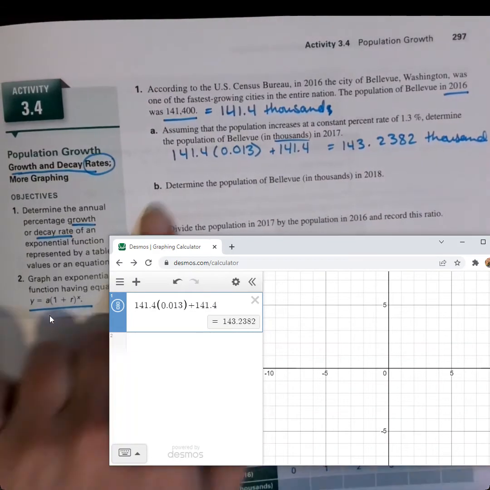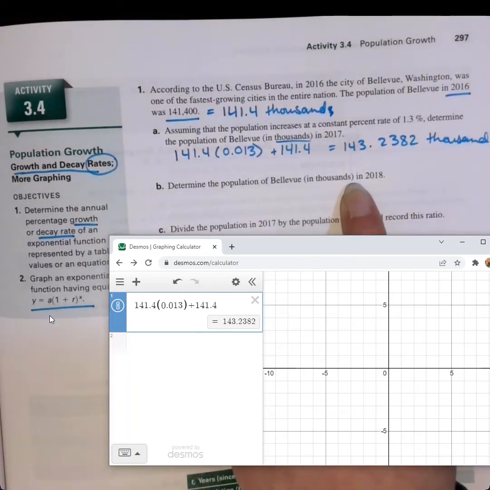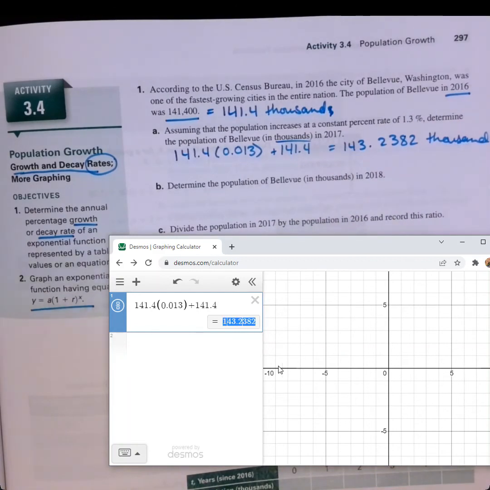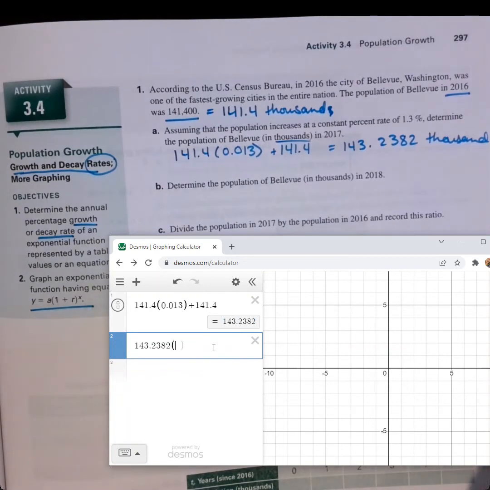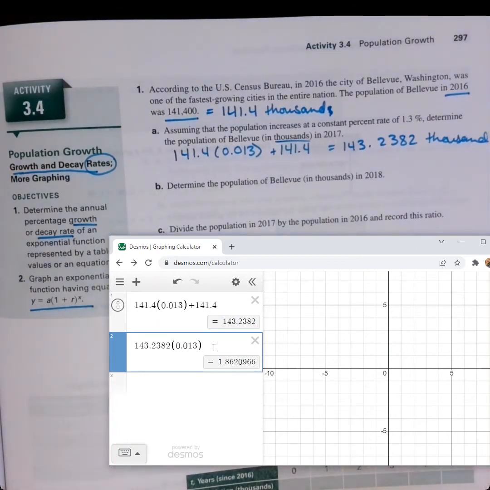Now we're going to determine the population of Belleville in 2018. So we're going to take this number and multiply it again by 0.013, and we're going to increase by 1.862 thousand on top of the 143.2382 thousand.